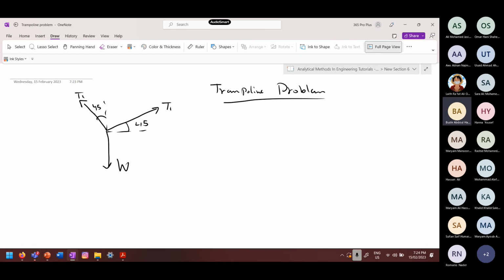As for this one, you need to measure the angle from the reference. This is called the reference. You need to measure it from here. You know how to do this. It's just a summation. You have here 90 degrees, you have 45, 90 plus 45 is equal to 135.